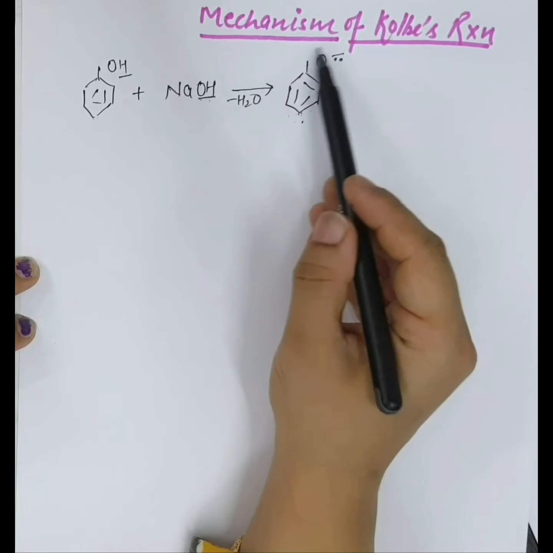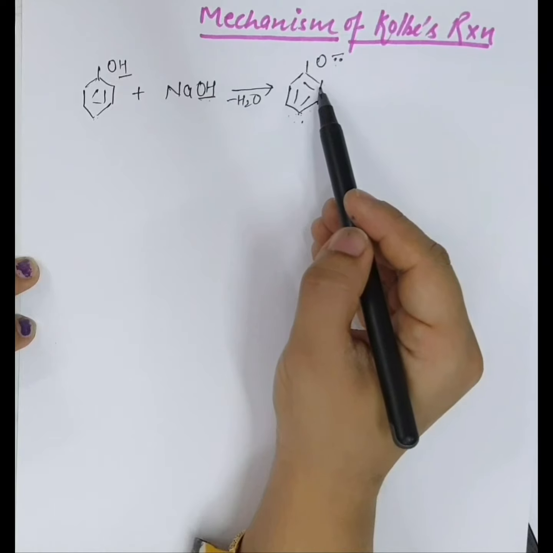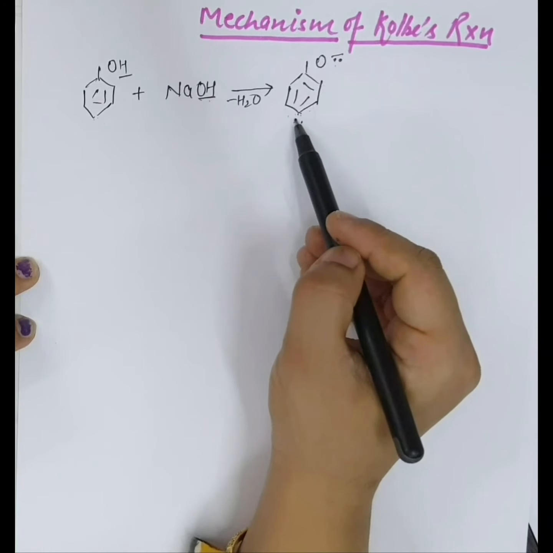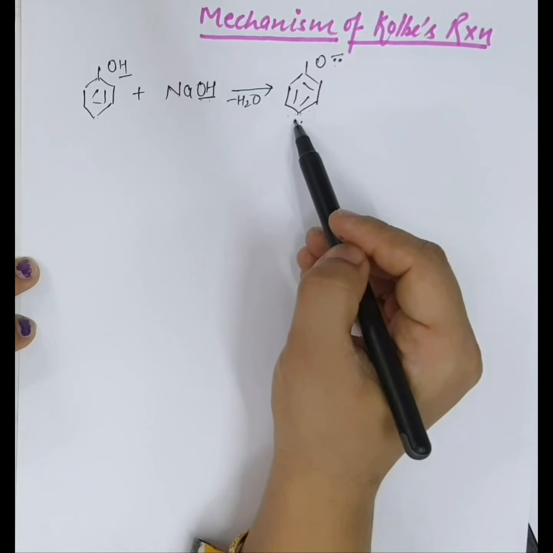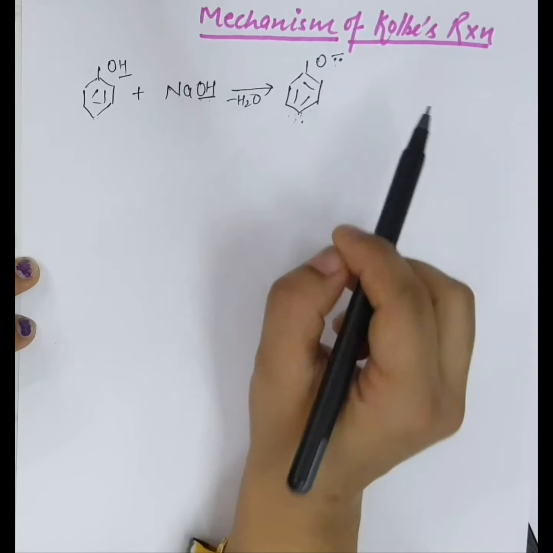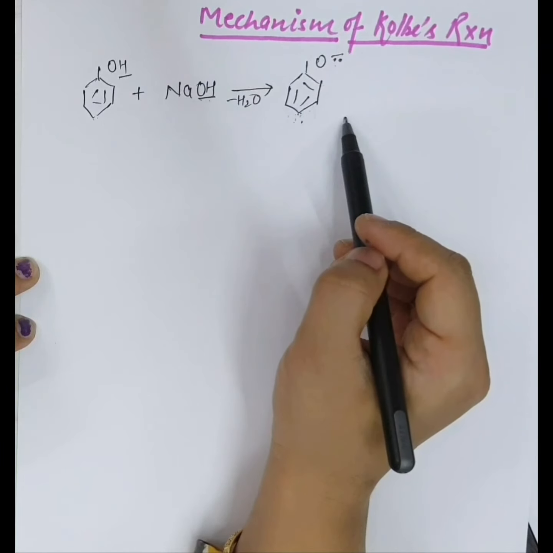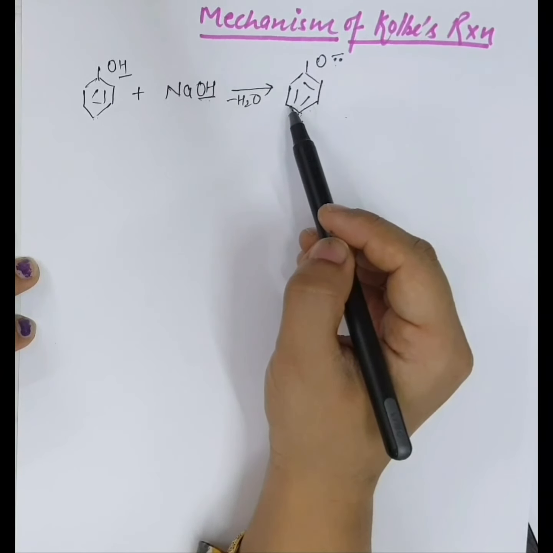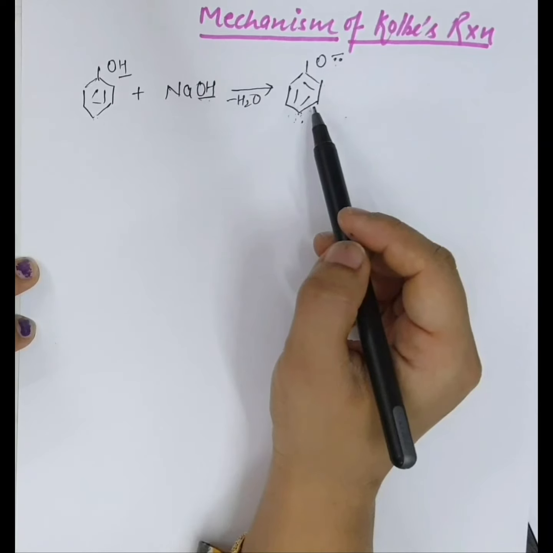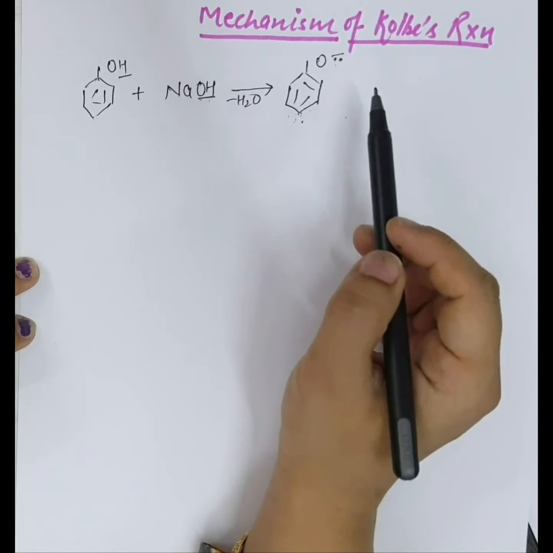Now what will happen? As in the phenoxide ion there is resonance, partial negative charge will be developed at either the ortho position or the para position. But as we know, our product will be formed at the ortho position, so we will form only one resonating structure here at the ortho position. I have already discussed all the resonating structures of phenol in my previous video on electrophilic substitution reactions of phenol.